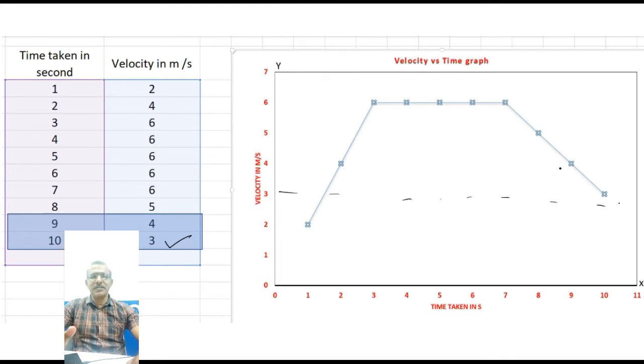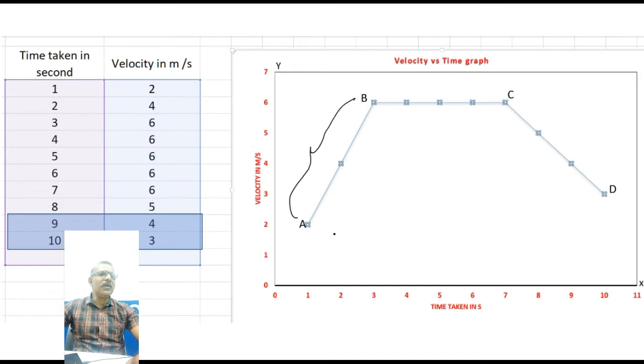Now here we shall name these lines, because there are different types of motion here, right? Velocity also, somewhere it is increasing, here it remains same, and then the velocity is decreasing. So 3 types of motion here, and therefore we will give naming of these points. Let's say A, B, C, D, right?